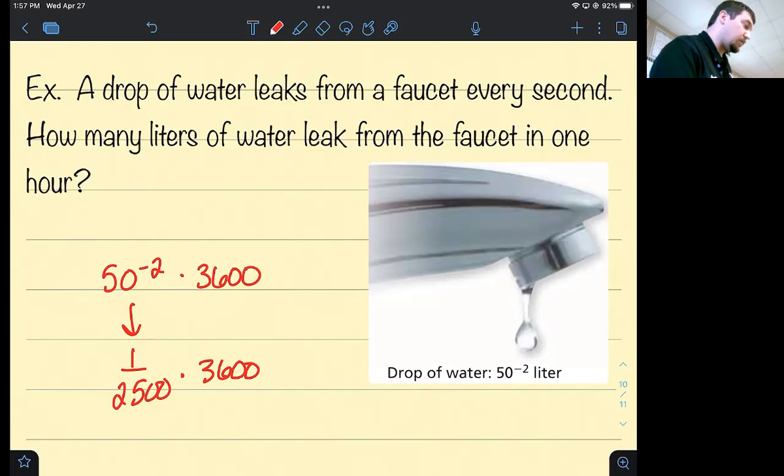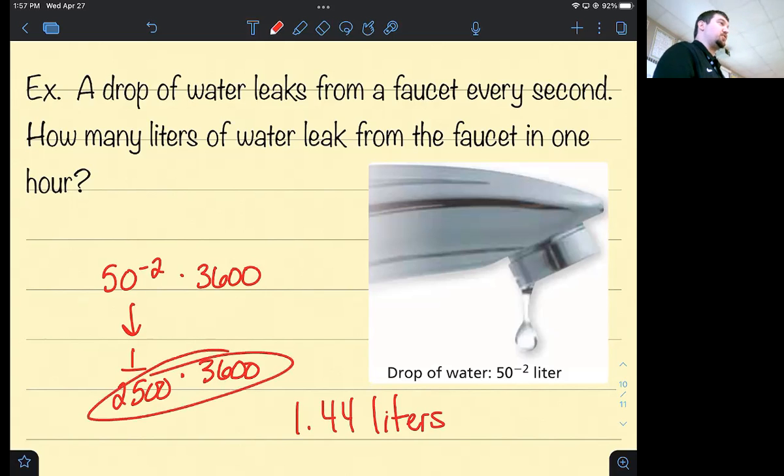What is it? 11.45? 1.44 liters. Yeah, so you're timesing one, actually, you're really just dividing, aren't you? Just dividing those two right there, because this is over 1. And so that's going to mean 1.44 liters per hour of water being wasted.